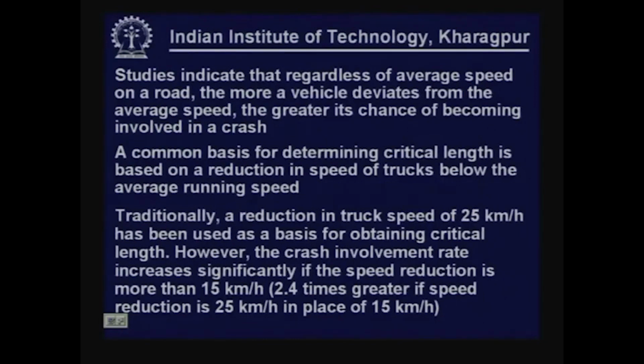It is observed that if we take a speed deviation of 25 km per hour and another speed deviation of 15 km per hour, in the first case the possibility of a vehicle getting involved in a crash is almost 2.4 times higher.